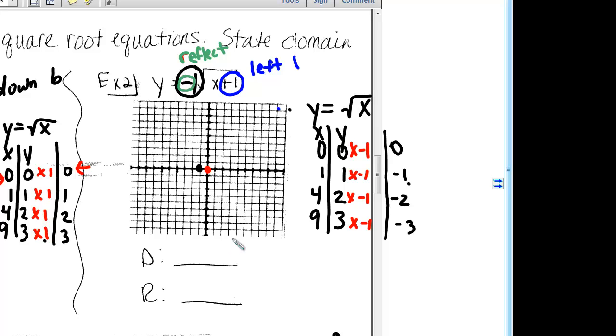This is a graph that is reflecting, so my new points will be 0, moving right 0, up 0. So I stay here. The next point on my graph is out 1 to the right, down 1. My next point will be to the right 4, down 2.